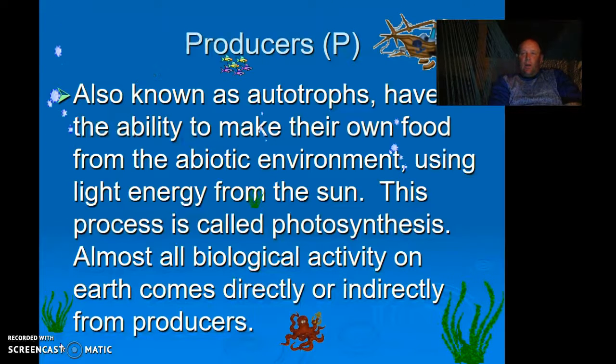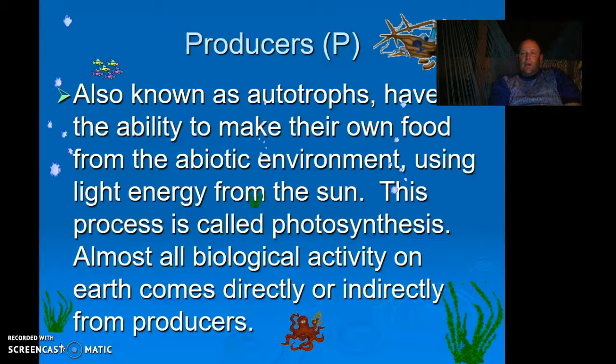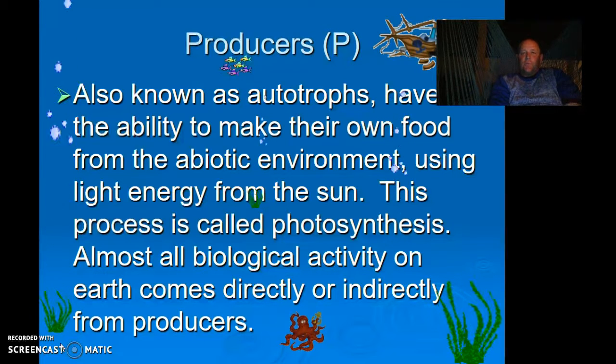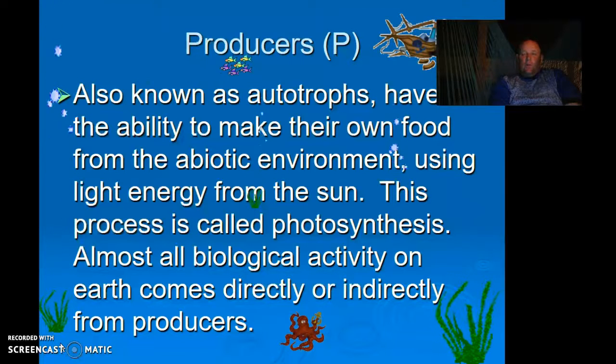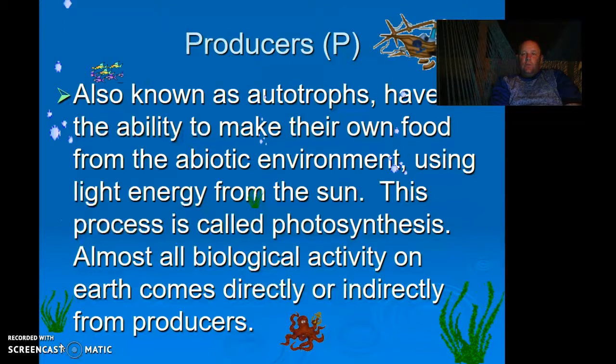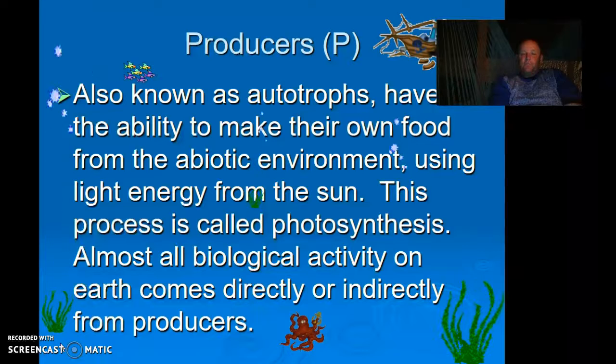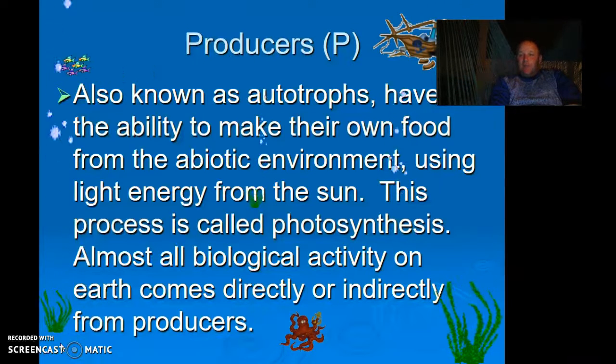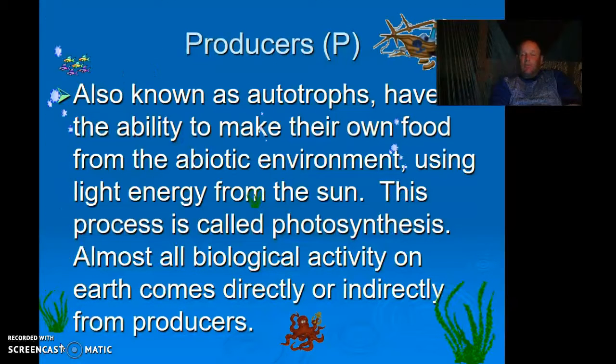If you think about it, all the energy that you're using right now trying to stay cool in the classroom comes from the food you had either this morning for breakfast or last night for dinner, or for you in fourth and fifth hour, directly from the lunch you just ate. If you had chicken, it got its energy from the plants that it ate. If you had a sandwich, the bread came directly from the plants that produced that flour.